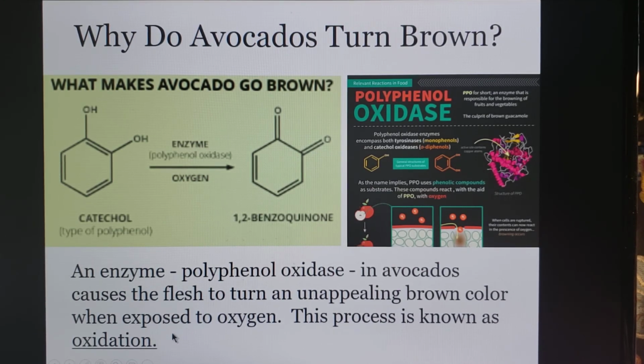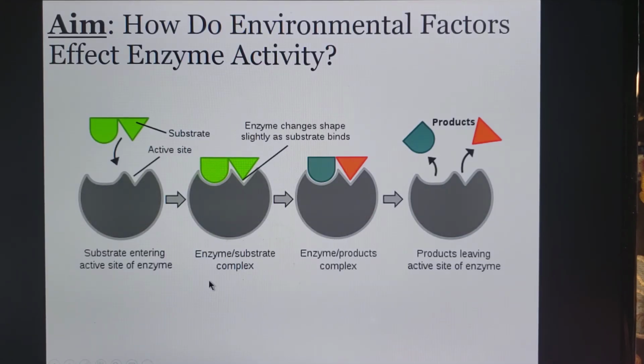Oxidation occurs in lots of things. And how do environmental factors affect enzyme activity? Well, here's a substrate entering this. Sometimes it has to change shape just a little bit when that happens, and then we get this thing being broken apart. These two green ones are part of one complex molecule. They're being broken apart into two, and then they leave.